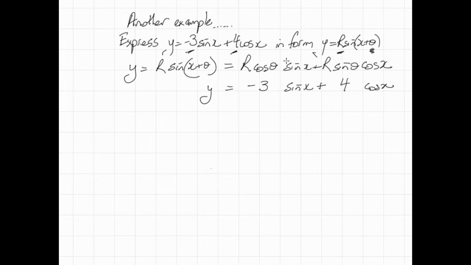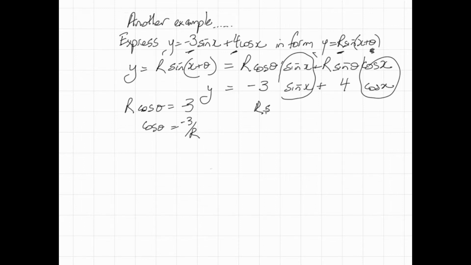Now these are the same, which means that these two must be the same, so r cos theta equals negative 3, and from that we can say that cos of theta equals negative 3 on r. And over here we've got r sine theta equals 4, so sine theta equals 4 over r.